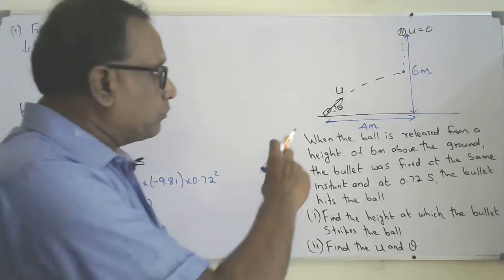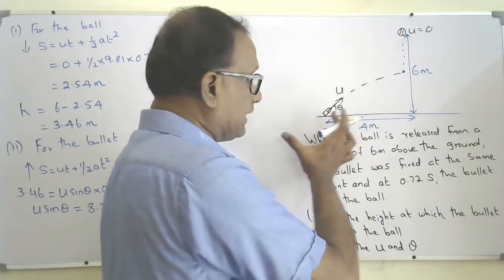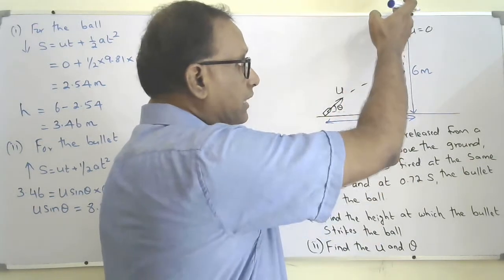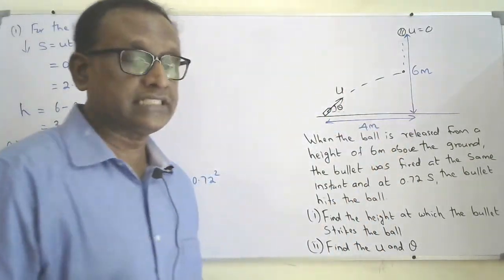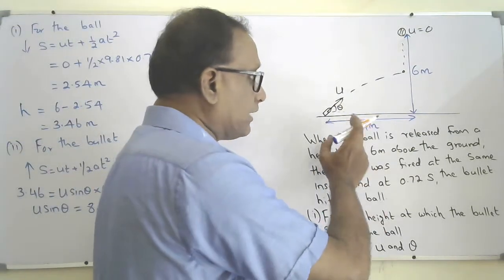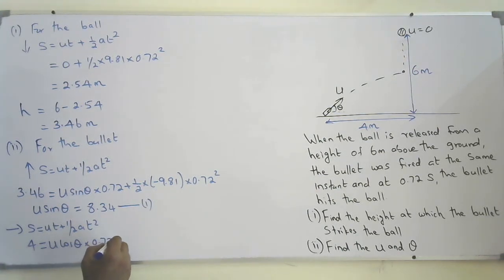Now, it's given in the question that the horizontal distance of the gun from the line of motion of the ball is 4 meters. So the horizontal displacement of the bullet will be 4 meters towards the right. For the bullet horizontally, s equals ut plus half at squared, so 4 equals u cos theta into 0.72 plus, horizontally, no acceleration.